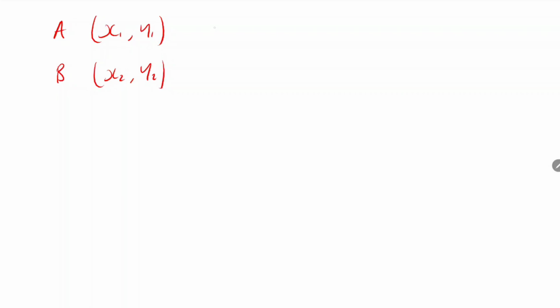There are three things that you need to know, and the first one is what we call the gradient. We sometimes refer to this as m. To find the gradient, you find the difference between the y coordinates, so it's y2 minus y1, and then divide that by the difference between the x coordinates.